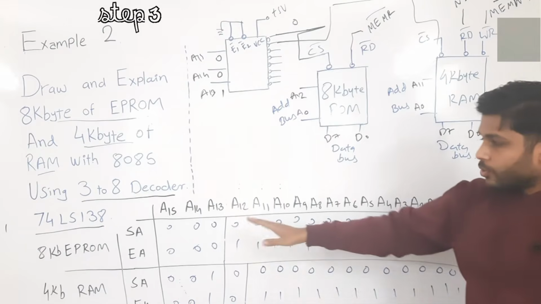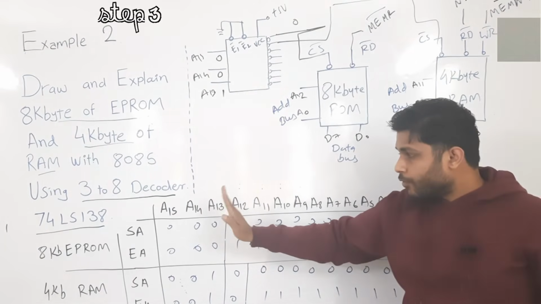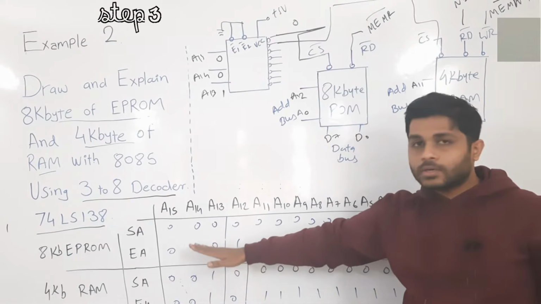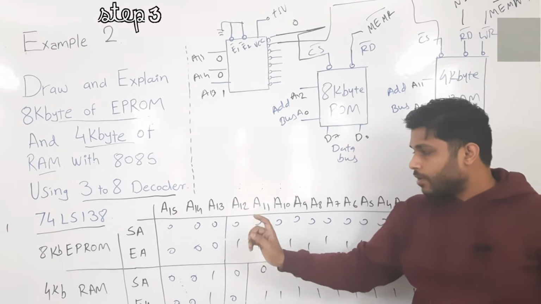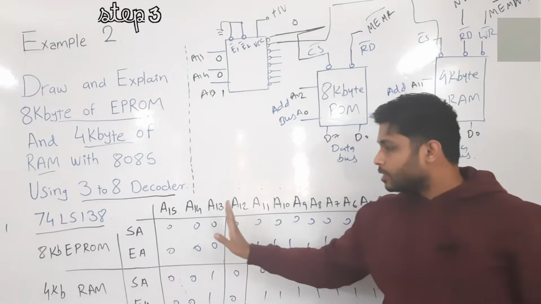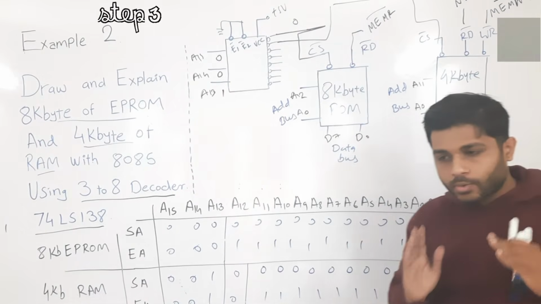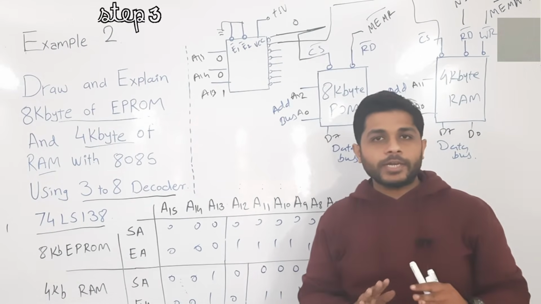Okay. So you can see that for the 4K byte of RAM, the value of A13, A14 and A15 is constant throughout the range. It means when the value of A13, A14, A15 is 0, 0, 1, this chip will be selected, and when it is 0, 0, 0, this chip will be selected. And the question of the memory interfacing is completed here.